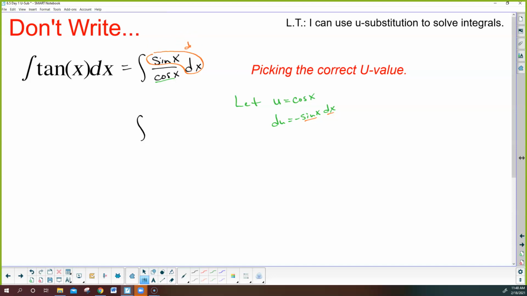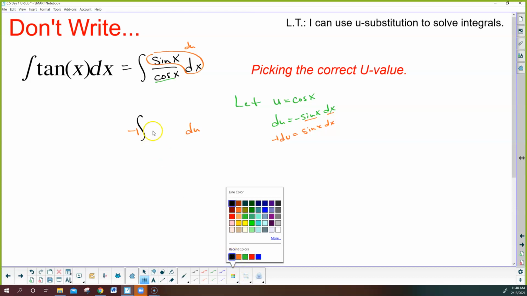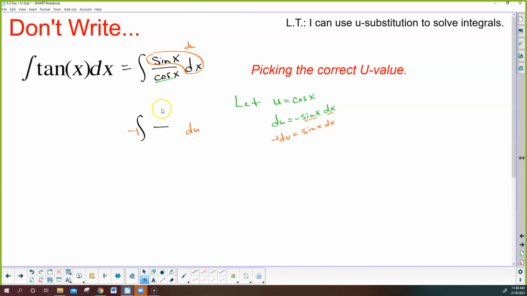That is my du. The only thing I don't have is this negative. So I'm going to divide by a negative 1 and multiply by a negative 1. When I replace the du, I'm just going to push a multiplier of negative 1 out. And what's left over? Technically, I have a 1 over cosine, but cosine was u.